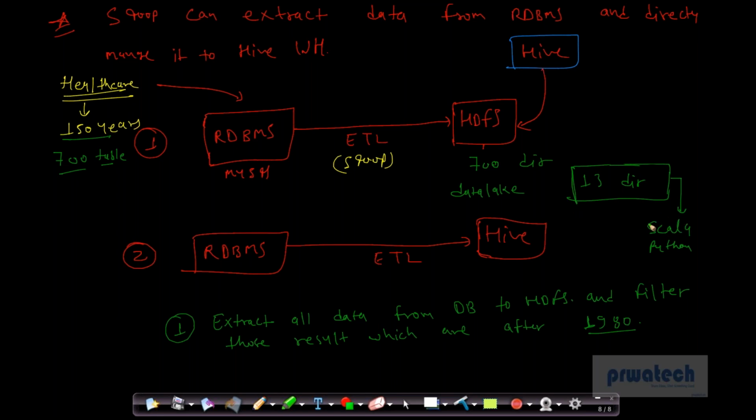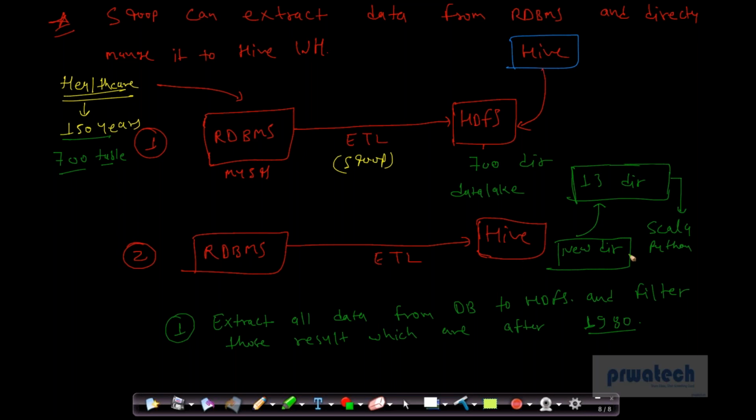So you have written some transformation rules using this programming language, and you're writing well-defined filtered data into a new directory. You scanned all these 13 directories and you're writing the transformed results to a new directory. Okay, now this is one case.